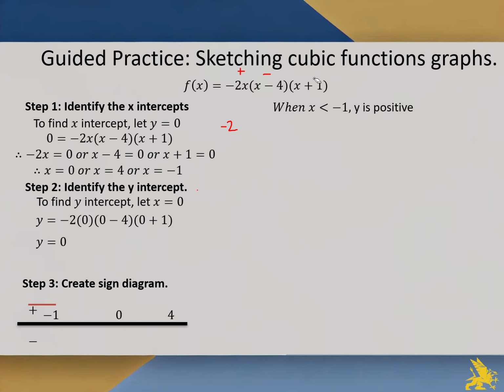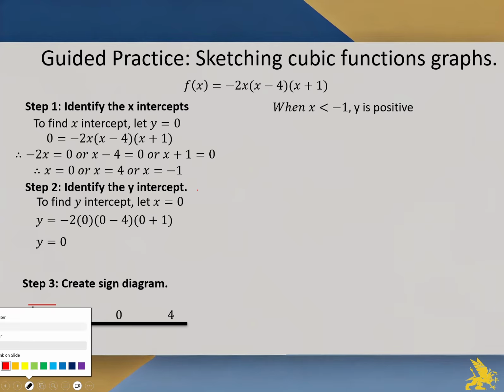Okay, let's go to the next part. So now we want to find out what is it, positive or negative, between -1 and 0. So let's pick a -1/2. Negative times negative, it will be a positive here.